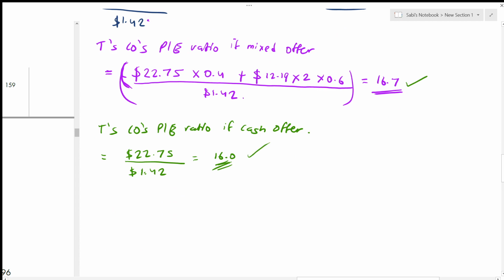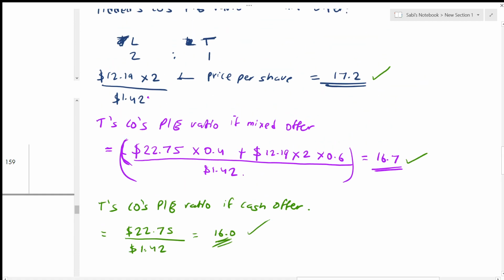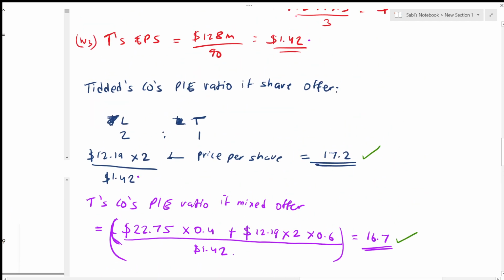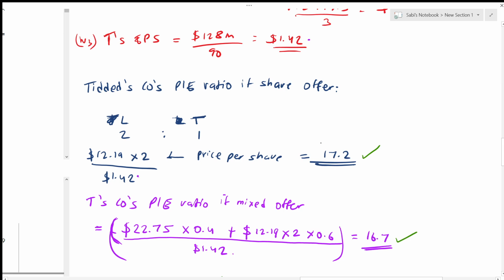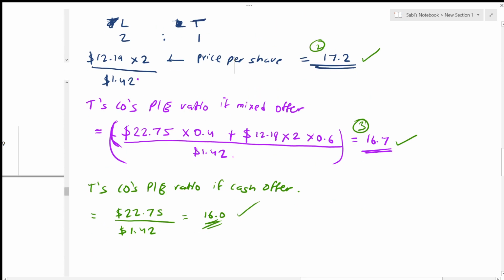There are 4 price earning ratios you should have, under 3 and under the original, the rejected bid. So you can see this I will label it as 2, this I will label it as 3, this I will label it as 4. So that's it for price earning ratio, right?